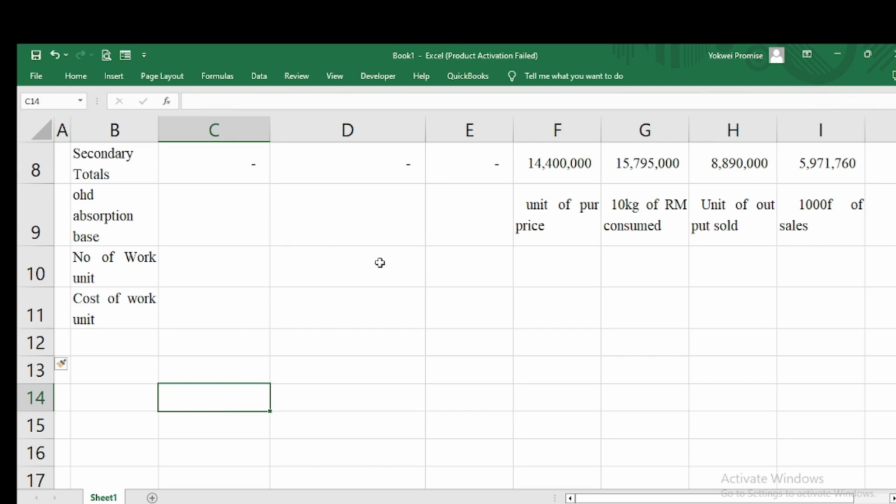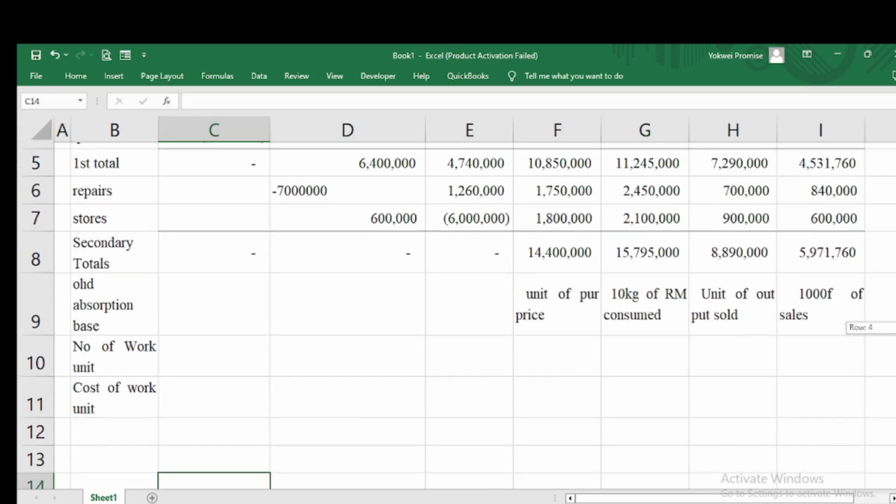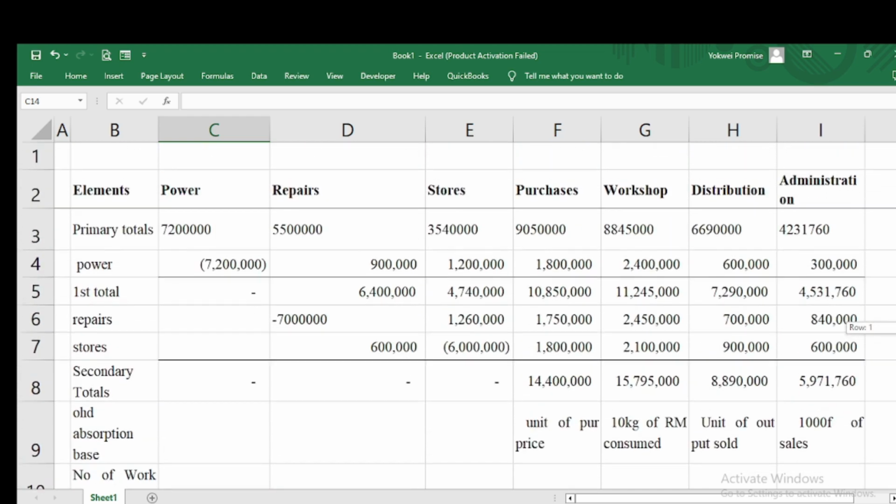So for the workshop, they say 10 kilograms of raw material consumed. Purchases. Please let's start with the purchases.